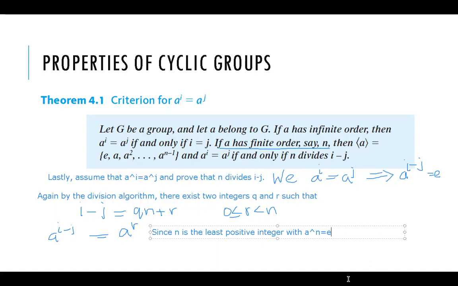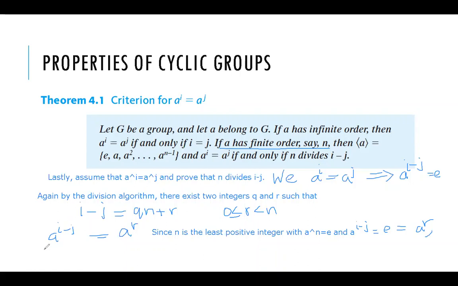So a raised to the power i minus j equals e equals a^r. So what is the only option we have?